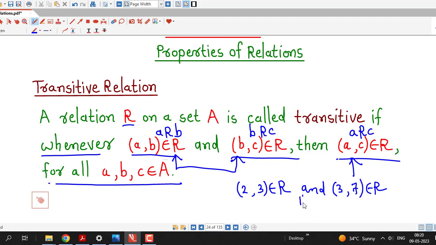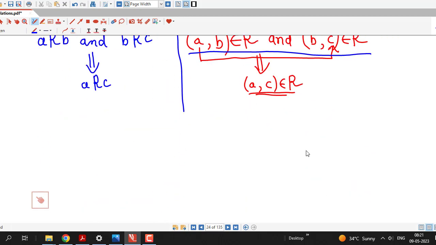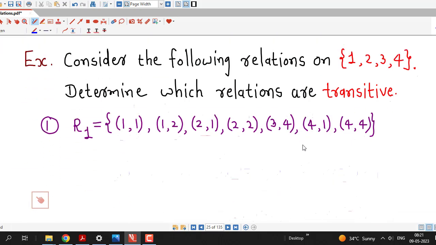If our relation is transitive, then we must have (2,7) present in our relation. This means 2 is related to 3 and 3 is related to 7, therefore 2 is related to 7 if our relation is transitive. And if this is not present in our relation, then our relation is not transitive. We understand this with the help of an example.